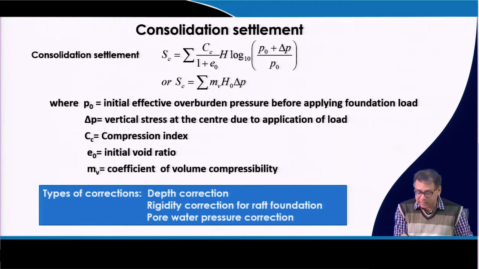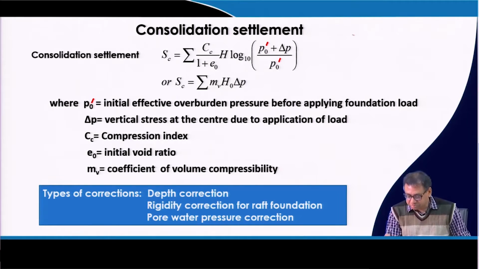H is the thickness of your soil layer, and P0 dash is the effective overburden pressure, that is, the initial effective overburden pressure before applying the load.